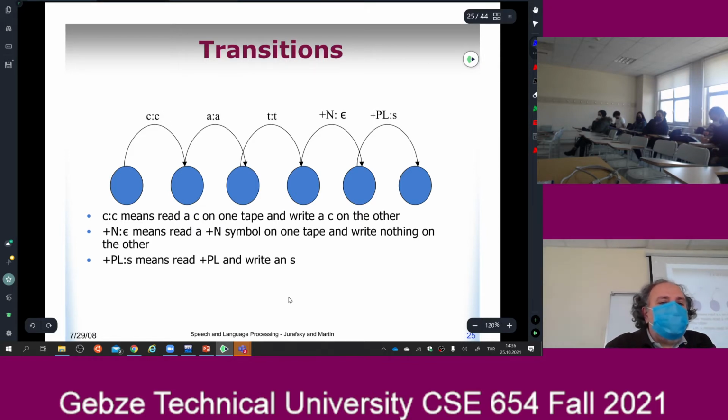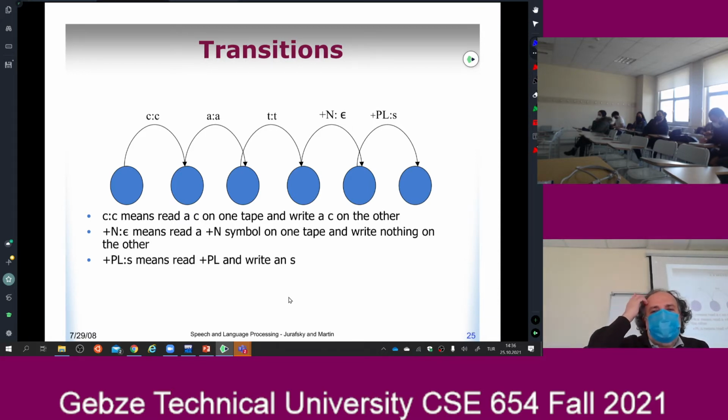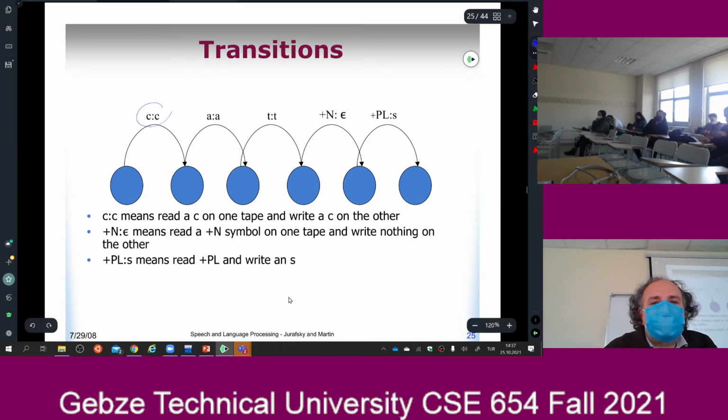Column C means read C on the input tape, and write C to the other one. Here it means read plus N from the input tape and write epsilon, or empty, to the output tape, so don't write anything. Again, read plus PL from the input and write S. So as you see, this is a non-deterministic finite state transducer. We can always run it backwards, okay?